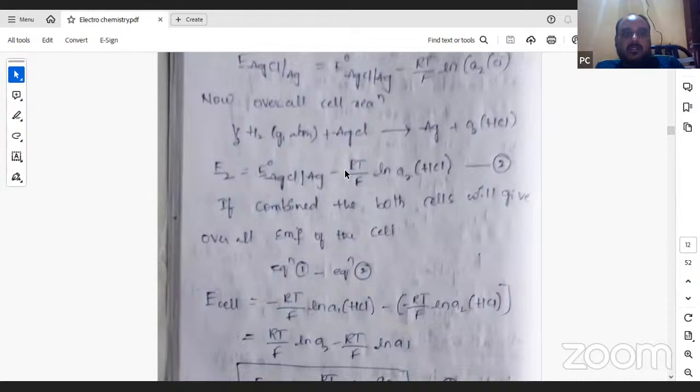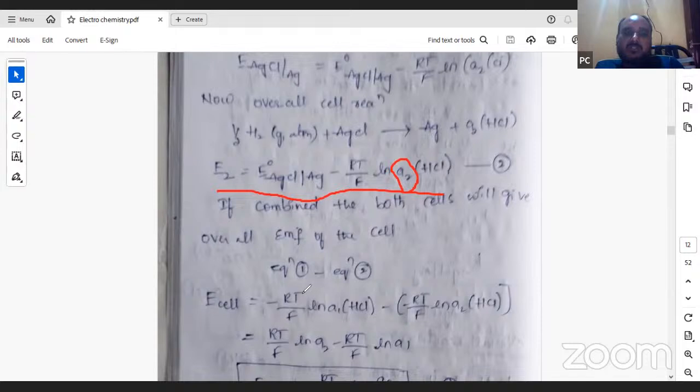This is the E2 equation. E2 is equal to E naught of AgCl by Ag minus RT by F ln activity of HCl, that is A2.